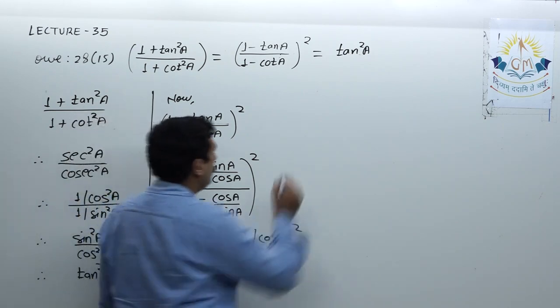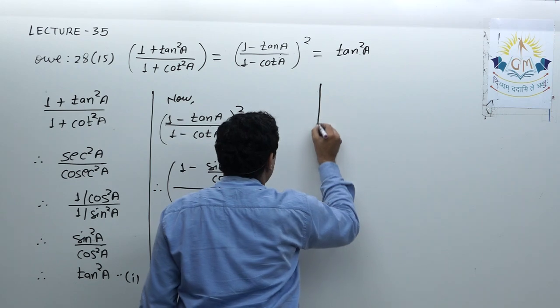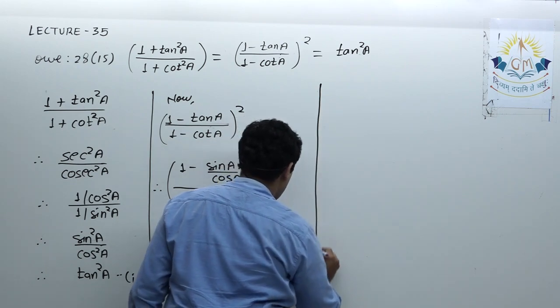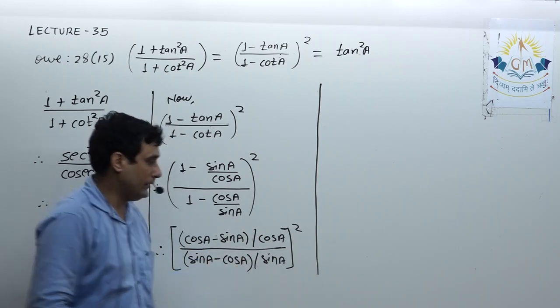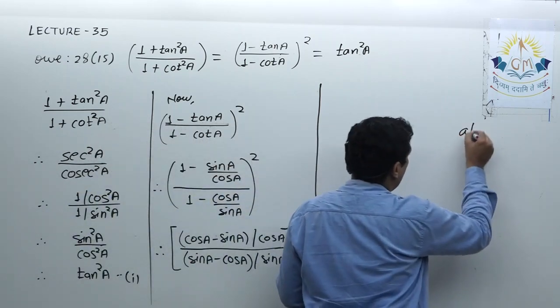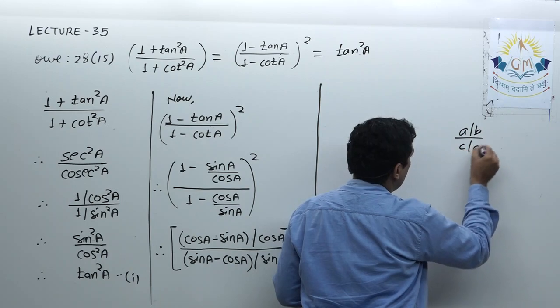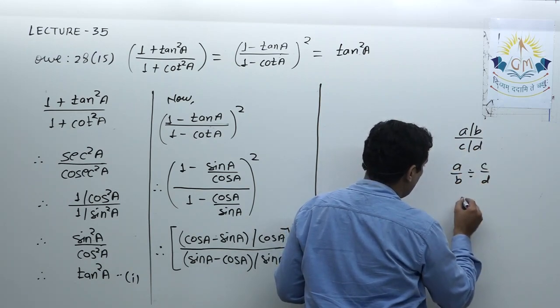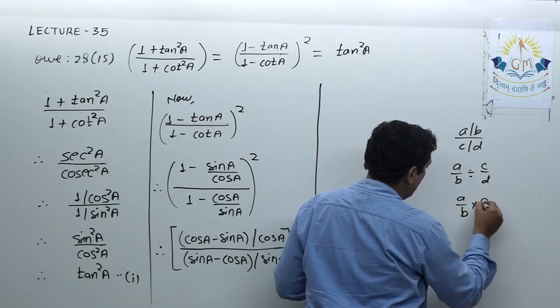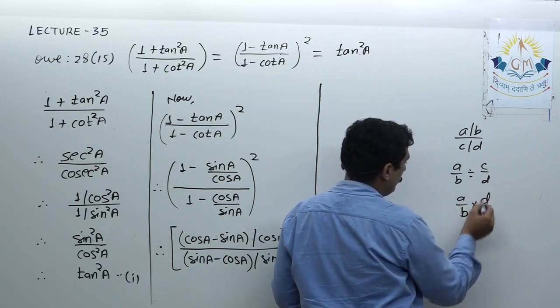Now see, here I can say this is a upon b, this is c upon d. It is something like a upon b divided by c upon d. So I can write it as a into d, b into c.